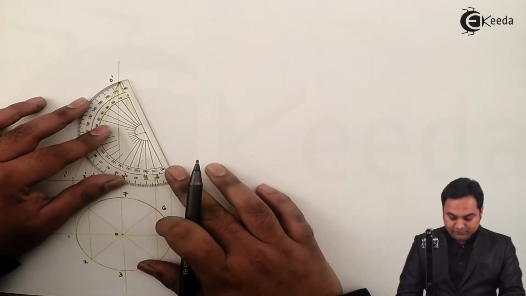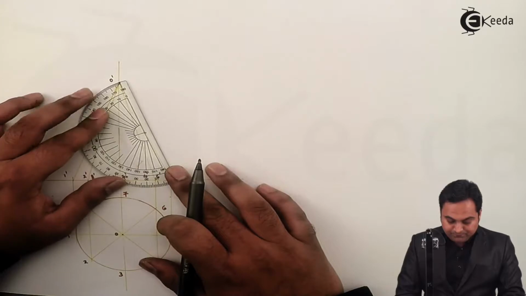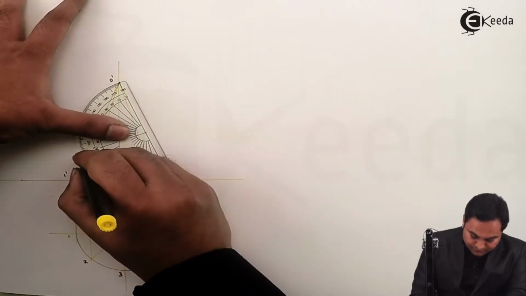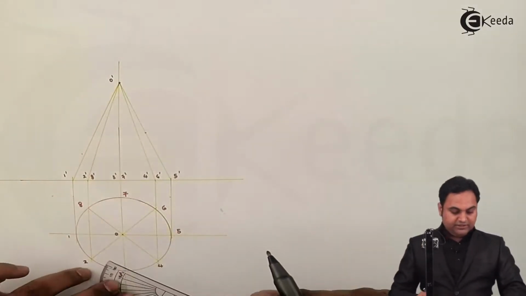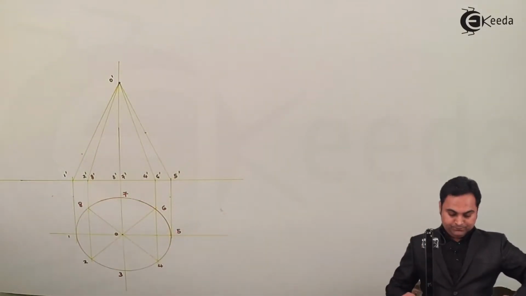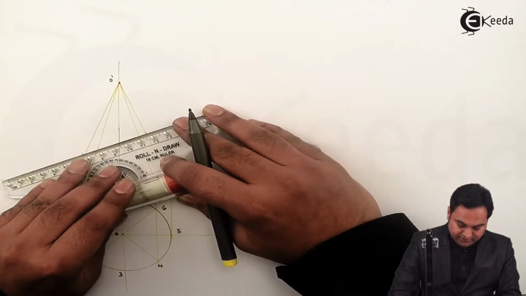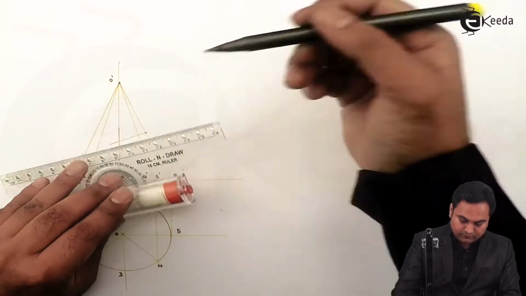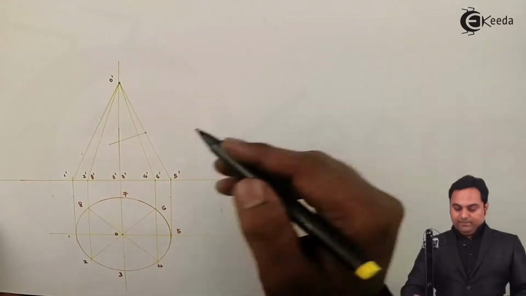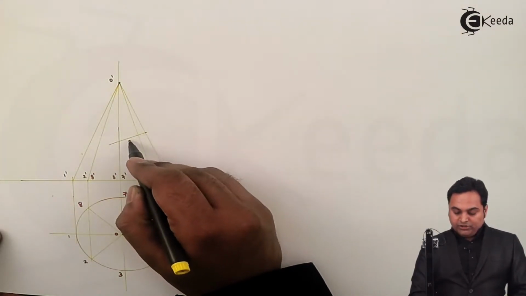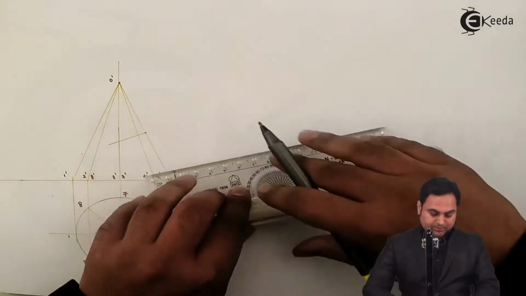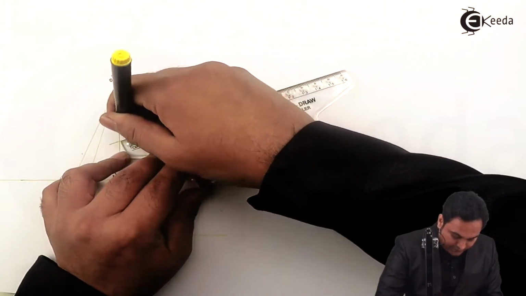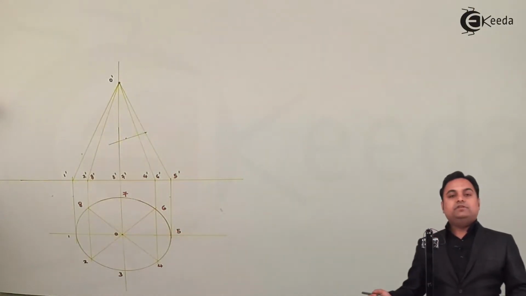From that I am going to measure an angle of 90 degree. Here I am measuring 90, drawing a light line through it. Then I will be measuring 15 mm on this perpendicular line. So taking 15 mm over this line.